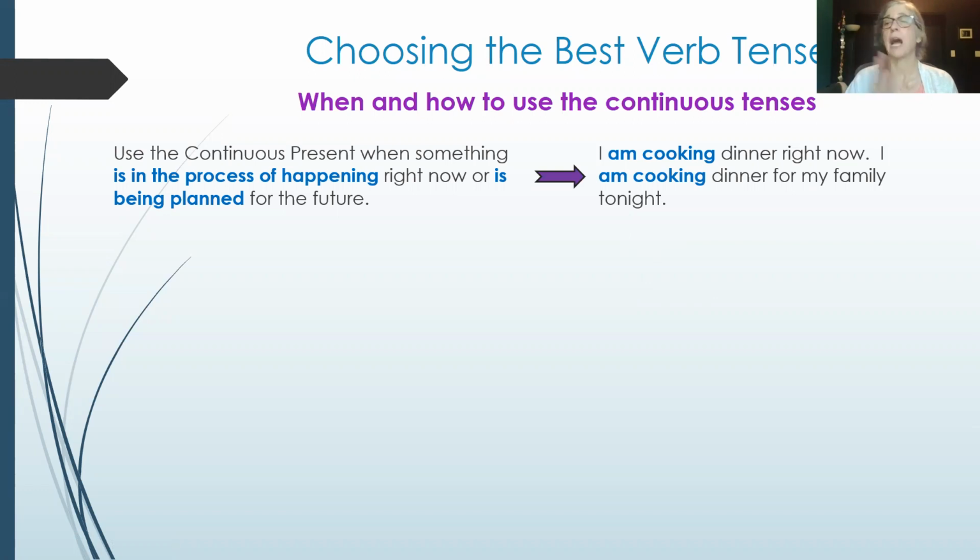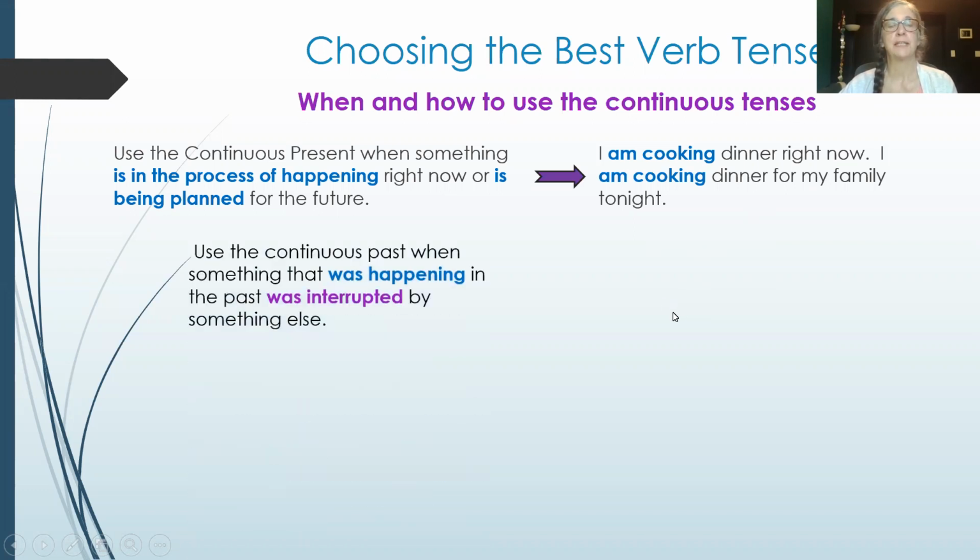So I could also say I am planning to cook dinner for my family tonight if I wanted to do that. And both of those forms express the same idea. Questions? I think I got it. Yeah. Again, practice, practice, practice writing your own sentences.